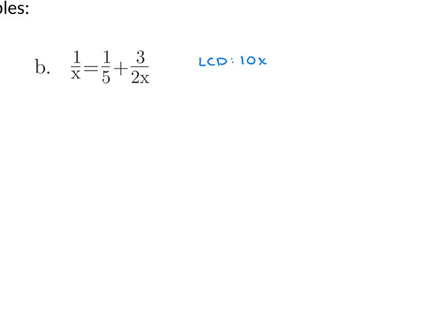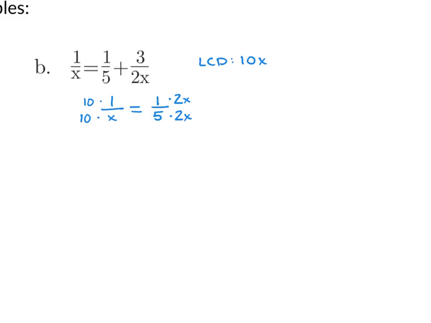Okay, so now let's go ahead and rewrite everything with a denominator of 10x. The first fraction, 1 over x, in order to get a denominator of 10x, we're going to want to multiply by 10. 1 over 5, to get a denominator of 10x, I need to multiply by 2 and x.